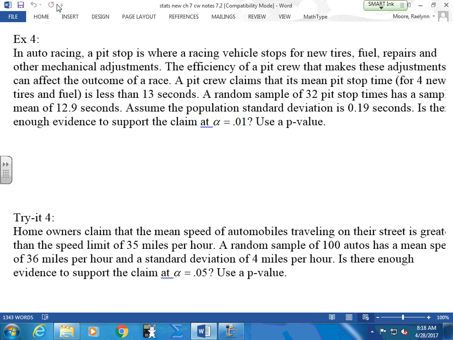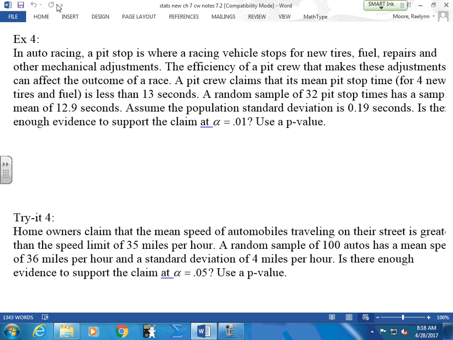In auto racing, a pit stop is where a racing vehicle stops for new tires, fuel, repairs, and other mechanical adjustments. The efficiency of a pit crew that makes these adjustments can affect the outcome of a race. A pit crew claims that its mean pit stop time for 4 new tires and fuel is less than 13 seconds.